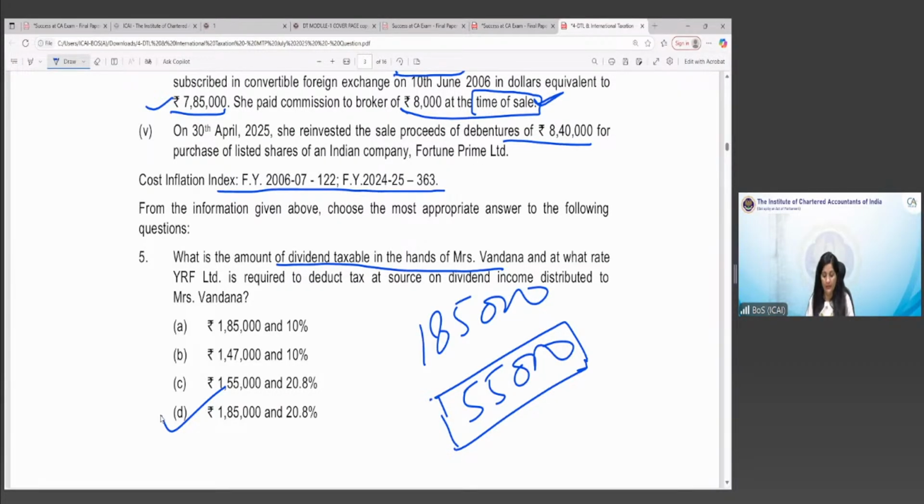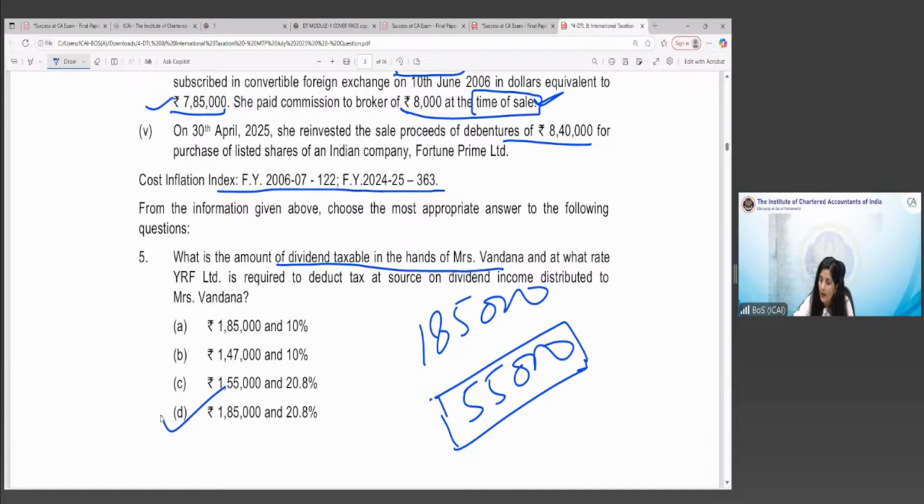Accordingly 20.8%. Here the important point is: suppose this dividend income is given net of taxes in your answer sheet, and you have to include it in the total income of that person. Then when you are grossing it up, in case of a non-resident specifically, please keep in mind that TDS must be deducted including the cess also.